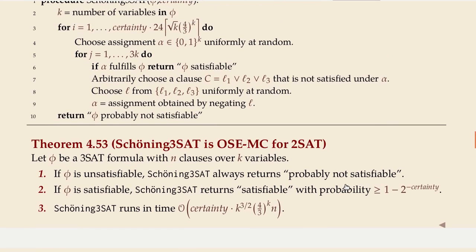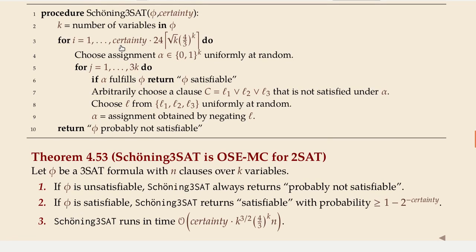The statement that we get for this algorithm is basically the same as above. We also have this parameter certainty, with exactly the same meaning. And we get a runtime bound, but this is actually trivial because it's just the 4 loops.